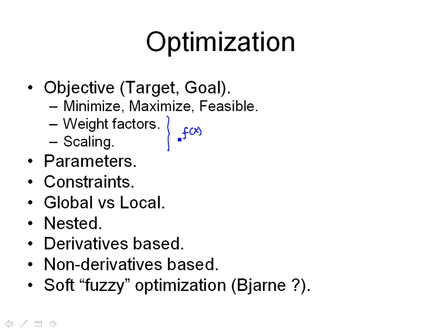Instead of the objective being to maximize net present value, let's say that the function is, in a sense, the sum of errors between measured data and model data.